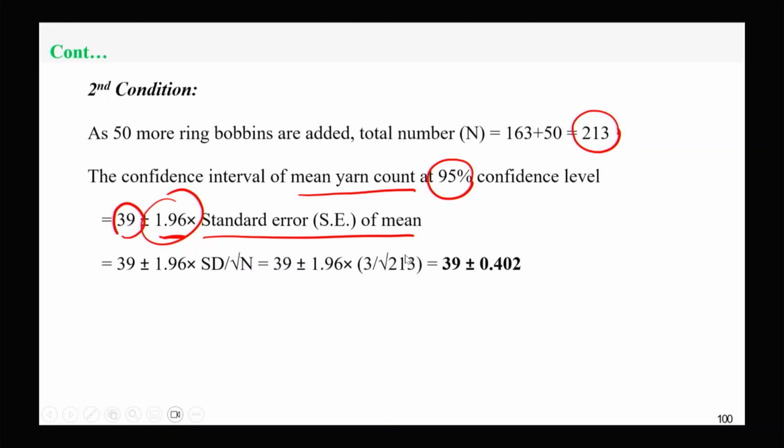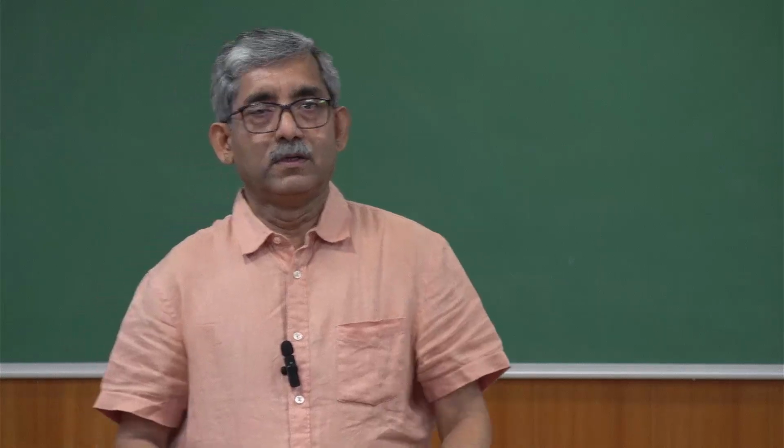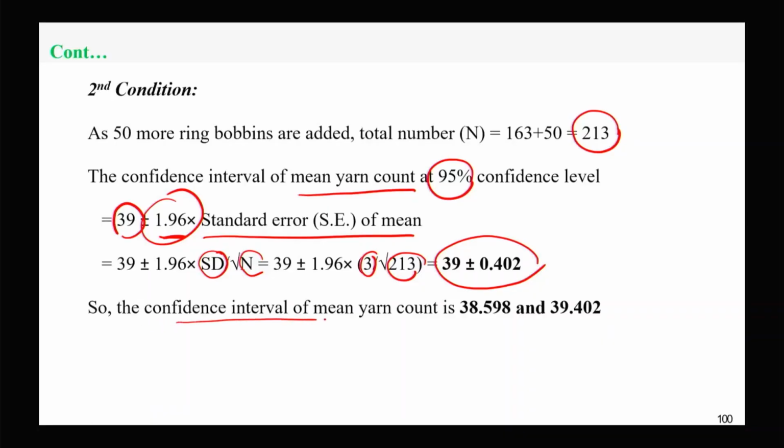So if we calculate, n becomes 213 and standard deviation we have already calculated as 3. So this is becoming 39 plus minus 0.402. So the confidence interval of mean yarn count is becoming 38.598 and 39.402.